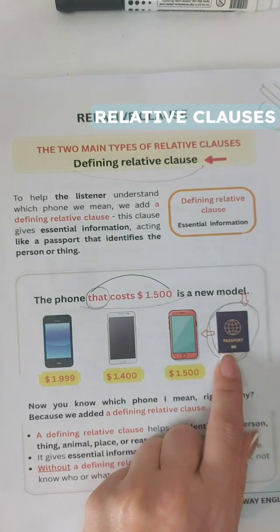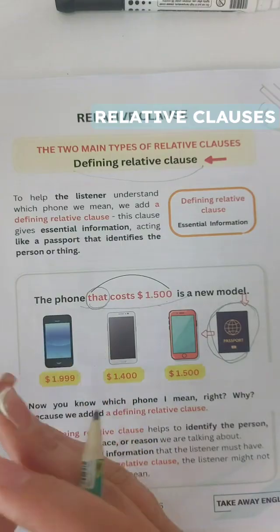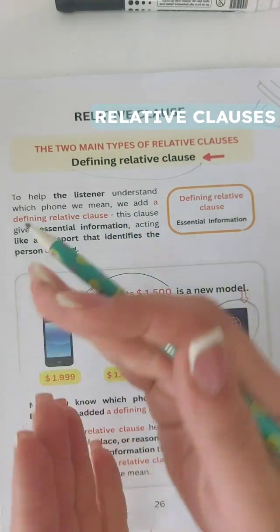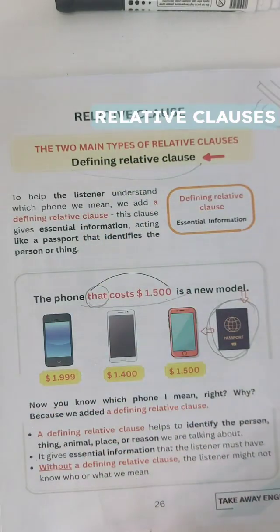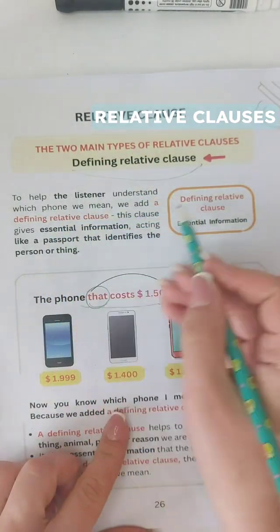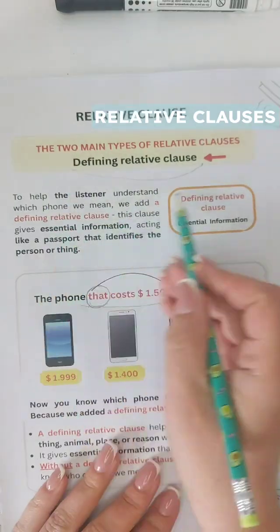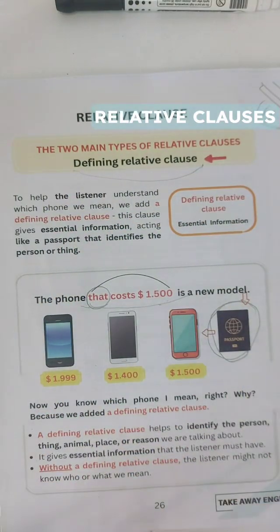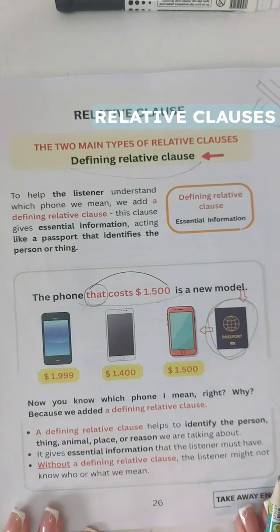My cat has a passport, right? So we have defining relative clauses for animals that we use that and which. We can use defining relative clause for people, animals, things, places, time, and so on.